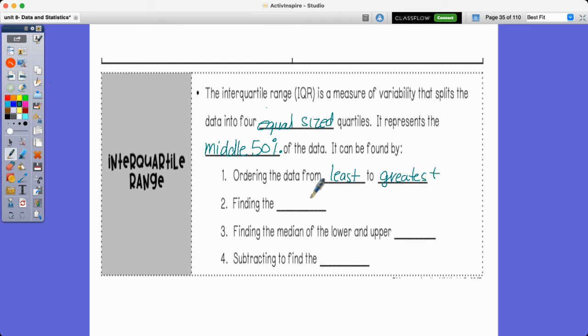We find our median. We find our upper and lower quartile, and we're going to go over all of this, and I will teach this really well in class. You will feel good about it. And then subtract to find the IQR. Interquartile range is too long for me to be writing, so we abbreviate it IQR.